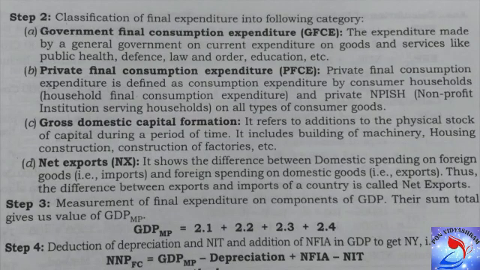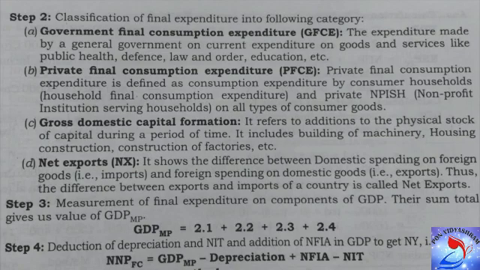In step 2, we have to classify the final expenditure into the following categories: first, government final consumption expenditure; second, private final consumption expenditure; third, gross domestic capital formation and net export.